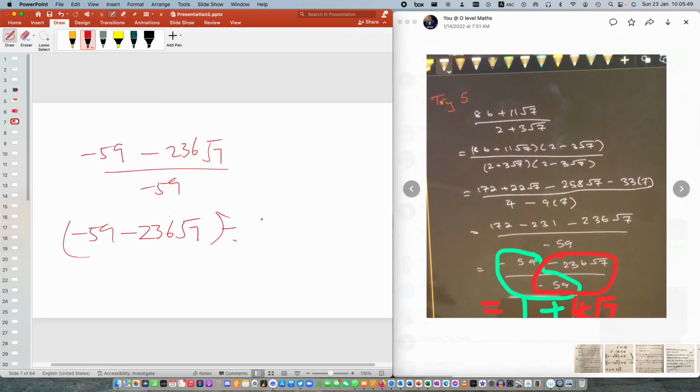Once you change it to the division format, you just go first arrow, second arrow, then you will end up with 1 plus 4 square root 7. Got it? So that is another way to look at a fraction.